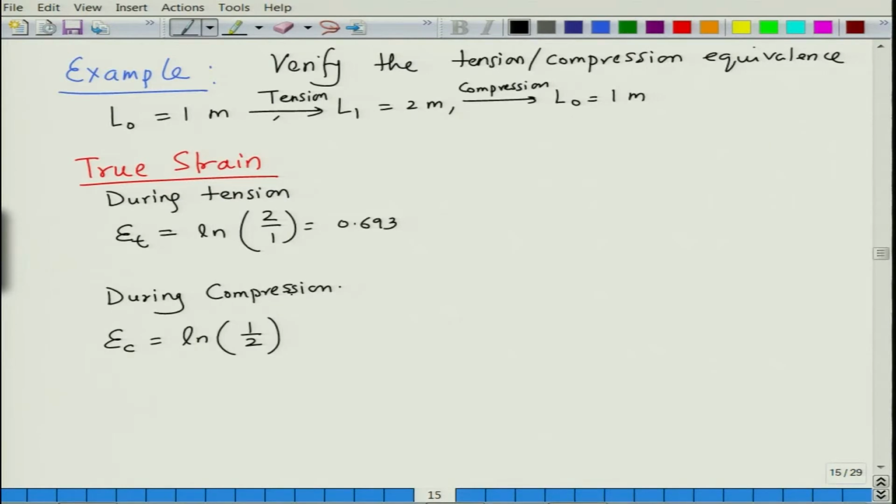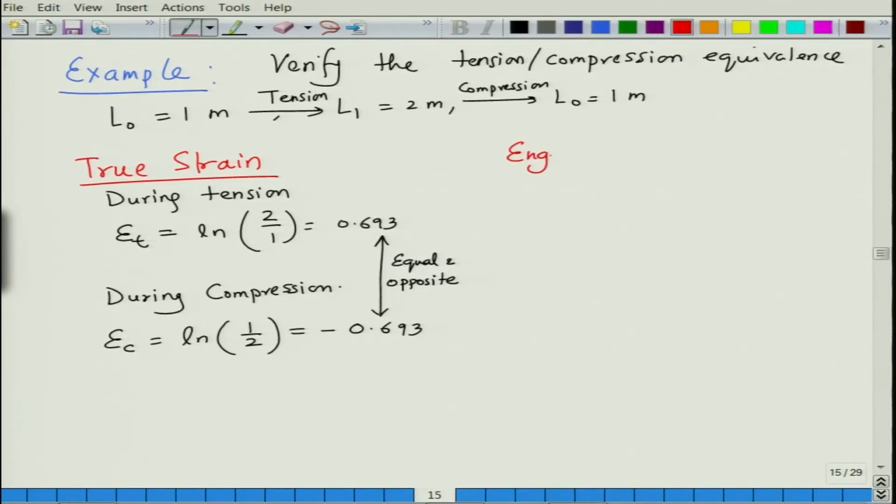Lf is, in this case, going from 2 to 1. So, 1 is the final length and 2 is the initial length, and this will be minus 0.693. So, you can see that these are equal and opposite.